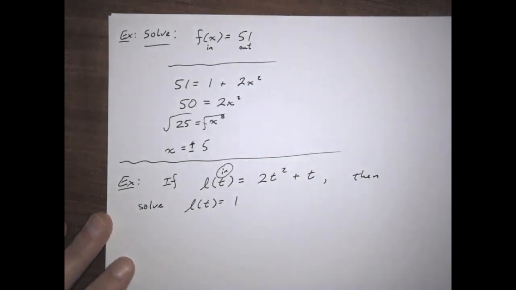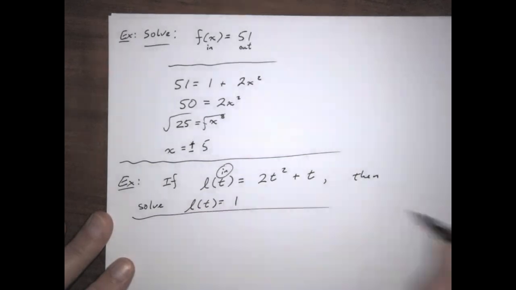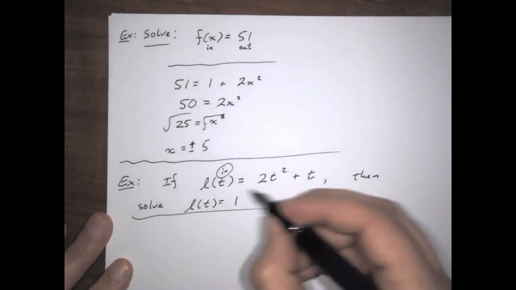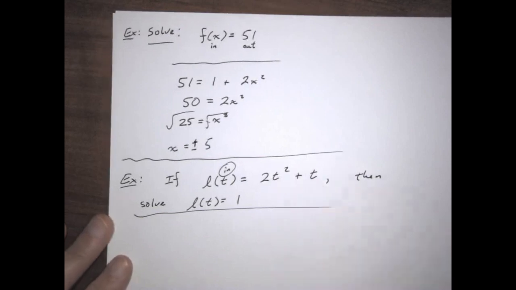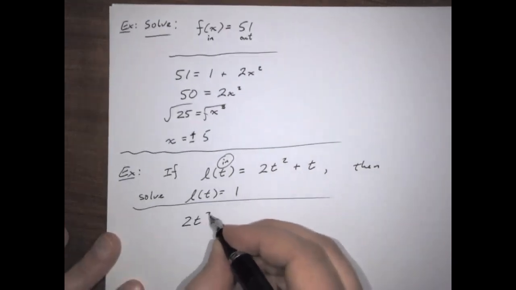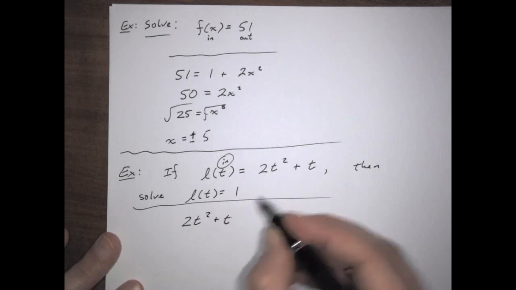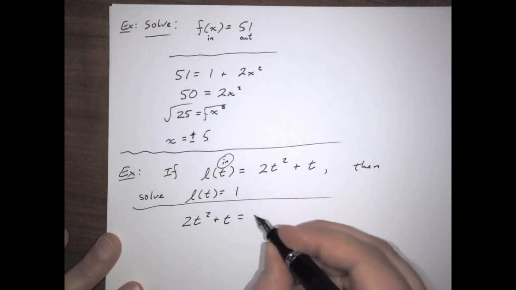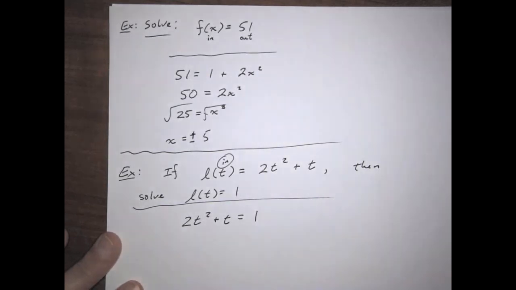So what we've got here is a specific number given to us, not for the input, but for the overall output, for the result. So what that means is that 2t squared plus t, that's what L of t means, is equal to 1.